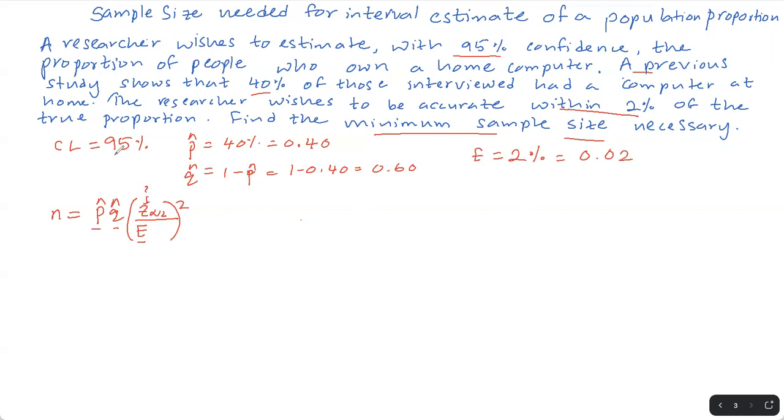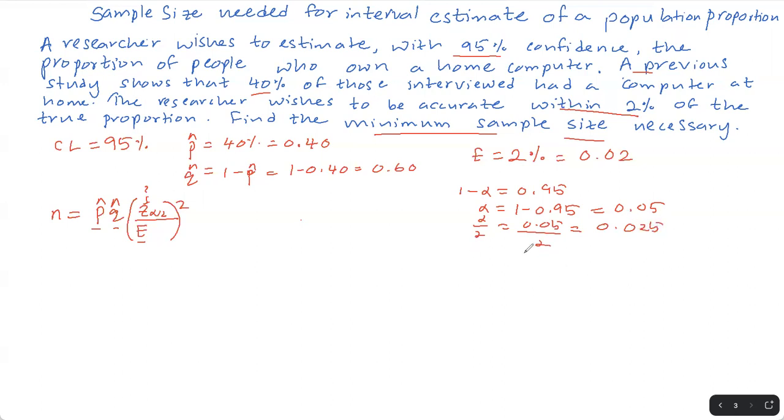So since it is a 95% confidence interval, 1 minus alpha equals 0.95. Then alpha equals 1 minus 0.95, which is 0.05. So alpha over 2 is 0.05 divided by 2, which is 0.025.